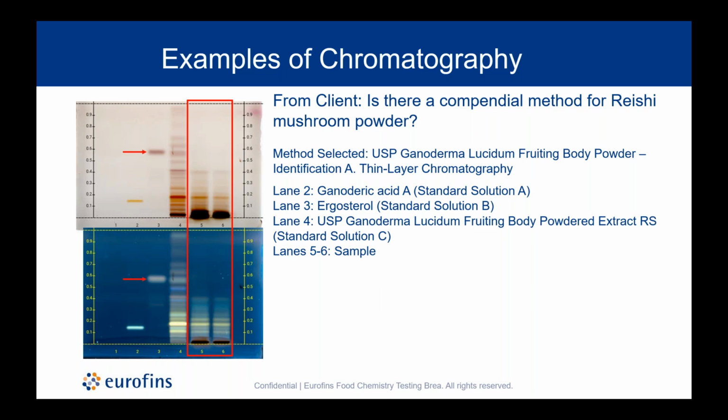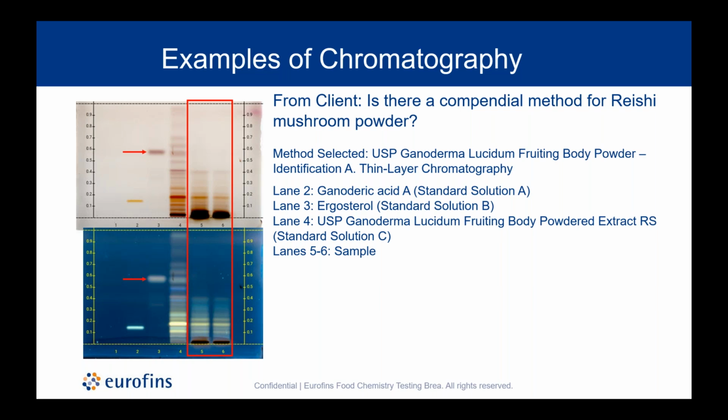And the evaluation criteria for this particular monograph is, in general, a big body of text, and I'll summarize for you: the sample should have bands corresponding to some of those ganoderic acids, which are in the lower zone of the chromatogram.